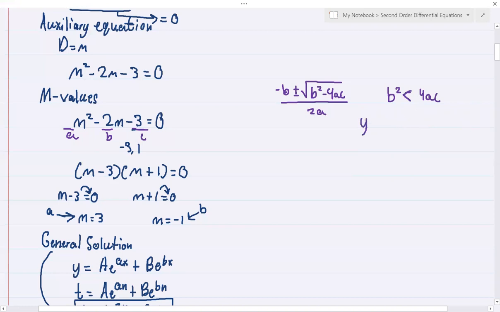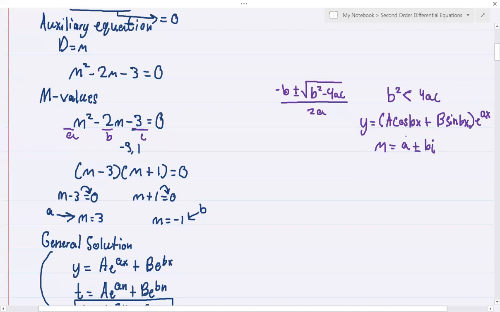Then your general solution would be y is equal to quantity cosine of bx plus b sine of bx times e raised to ax, wherein your m is equal to a plus or minus b times i. Okay?